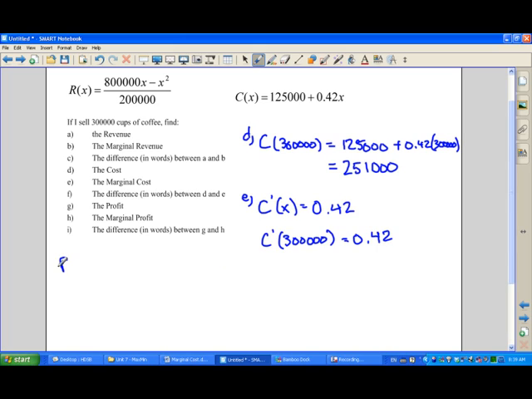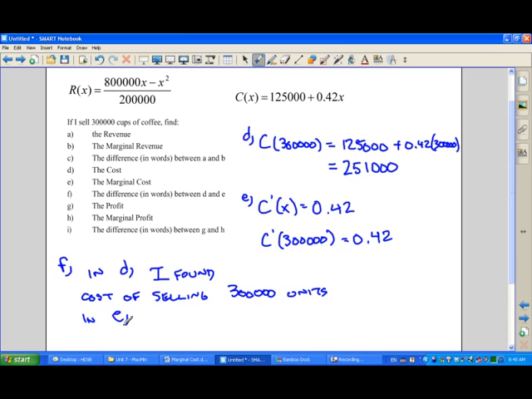So again, to answer part F, in part D, I found the cost of selling 300,000 units.